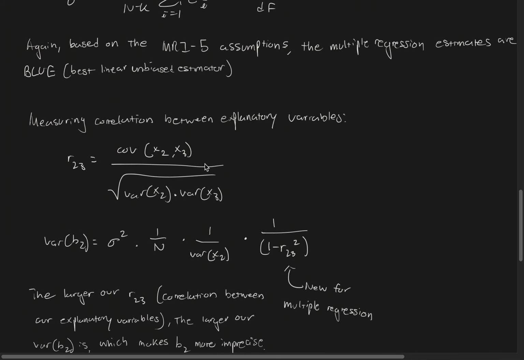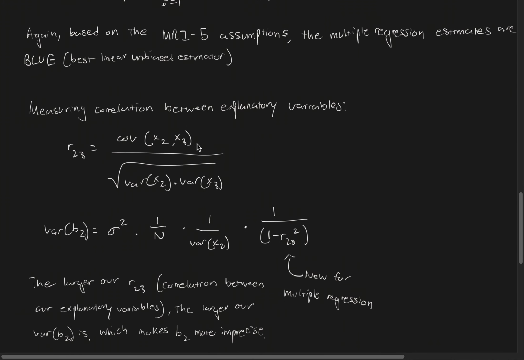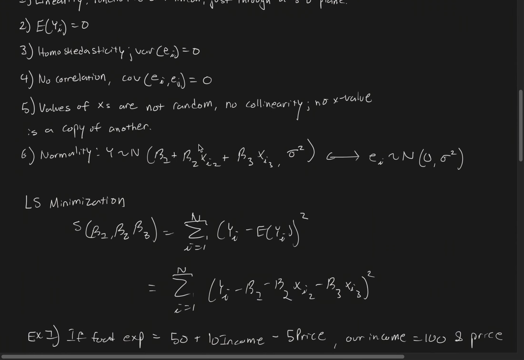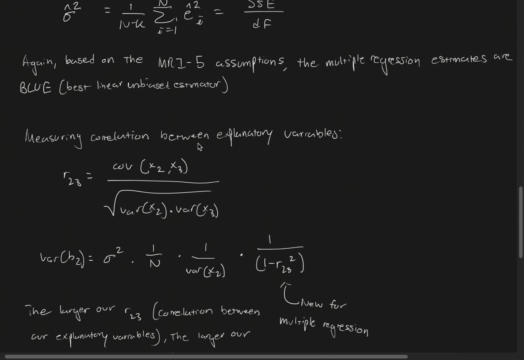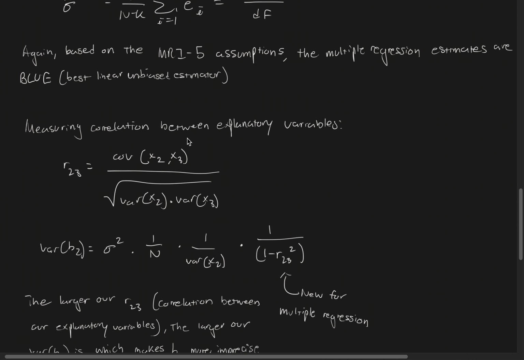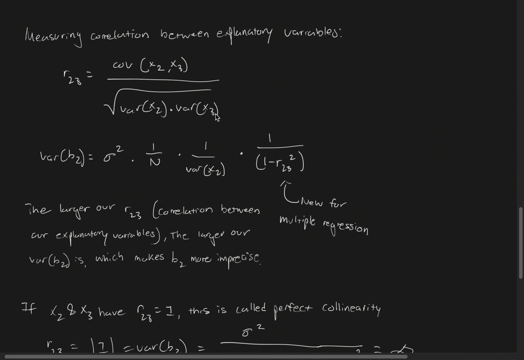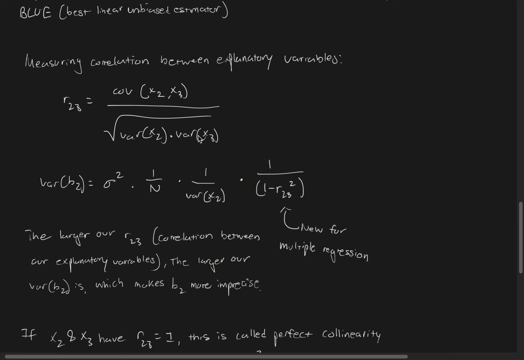Okay, so you can see that a lot of things I just went over are pretty similar to a simple linear regression. Let's try to measure the correlation between the explanatory variables, beta 2 and beta 3. This is something that you can't really do in a single linear regression because we have only one explanatory variable.